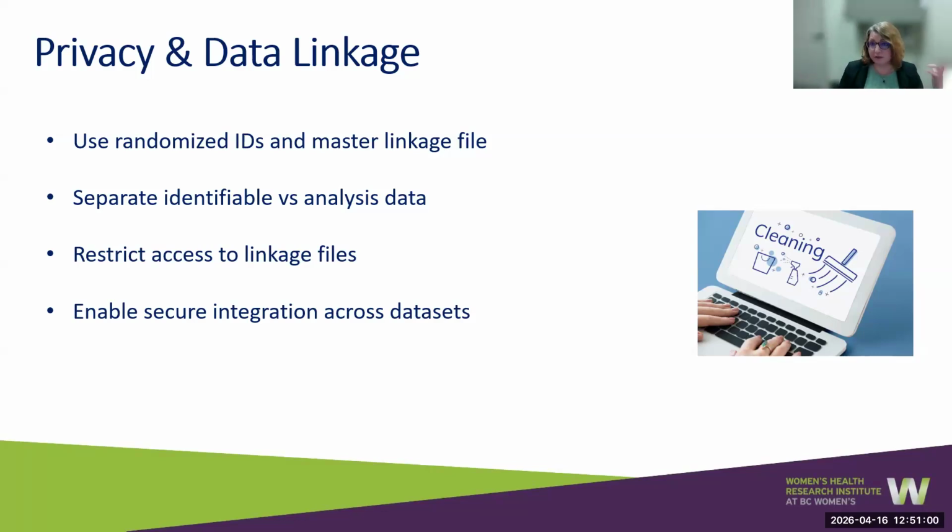Depending on where I save it or what I access, if anyone can access the same folder you work in, that's usually not a good practice, but at least password protect identifiable information. Restrict access. If you have linkage files, you need to restrict access. Again, who is accessing what? And you need to ensure that there is secure integration across your different databases.